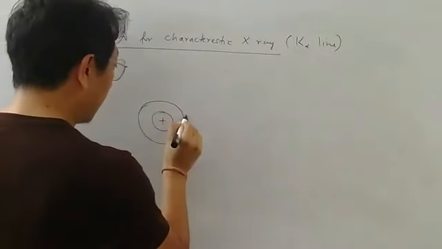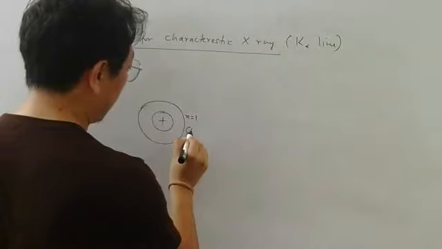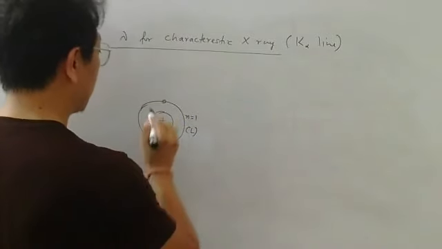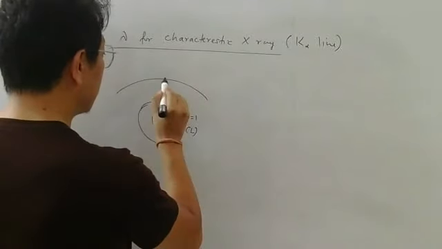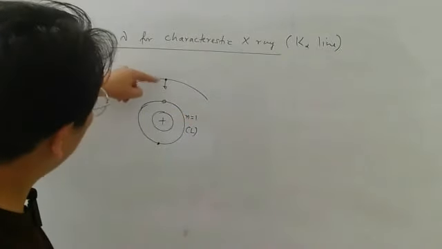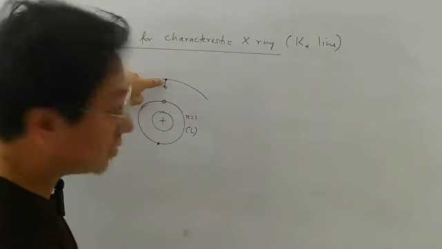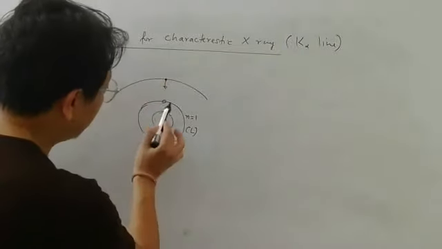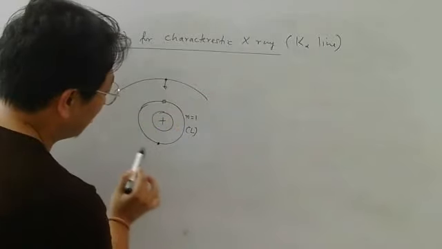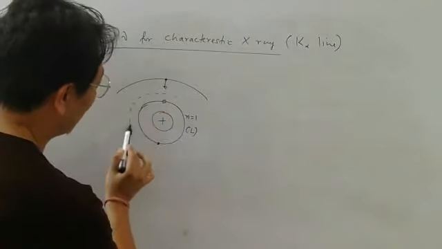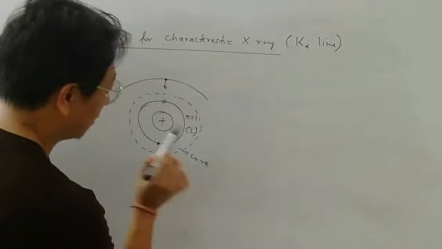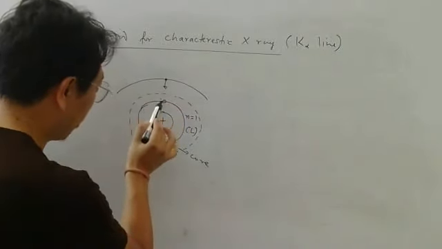If one electron from the n equal to 1 shell is removed, then when the second electron is going to fall here, look very carefully. For this electron, what charge will it see? Let's say this is some core. This is the core for this electron which is going to fall here.